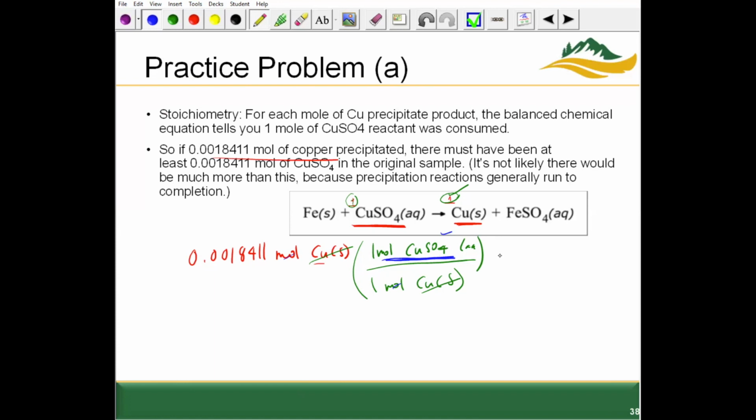in the numerator. So that really is just multiplying this value by 1, but I wanted to show you this process in case the molar coefficients aren't 1:1, and usually they're not 1:1. So this would come out to the same number, but then moles of copper 2 sulfate aqueous.